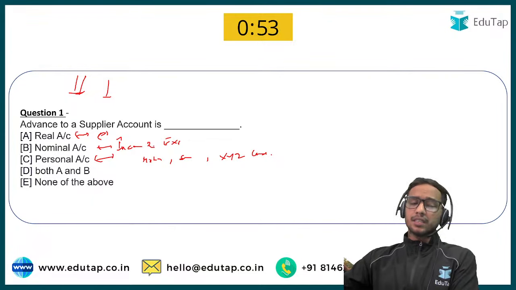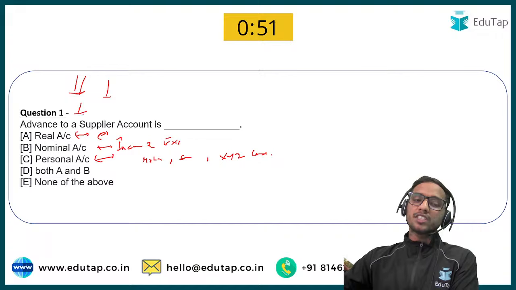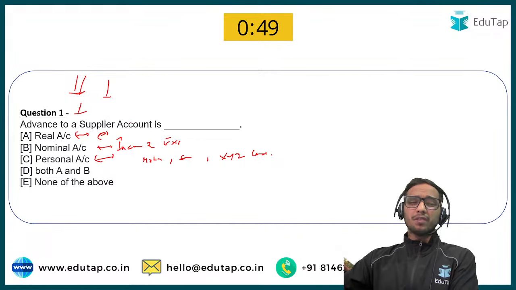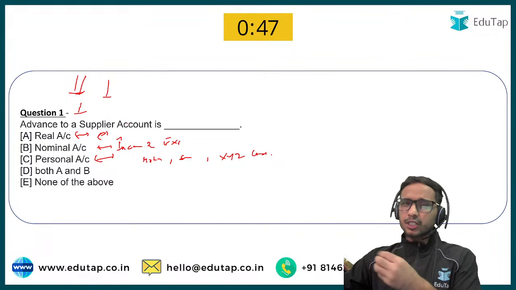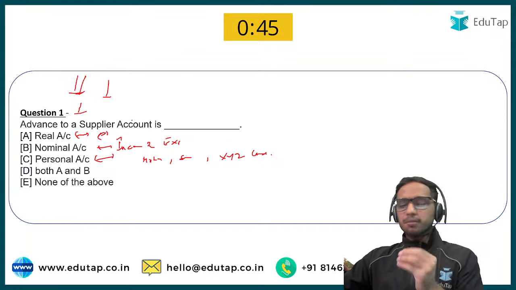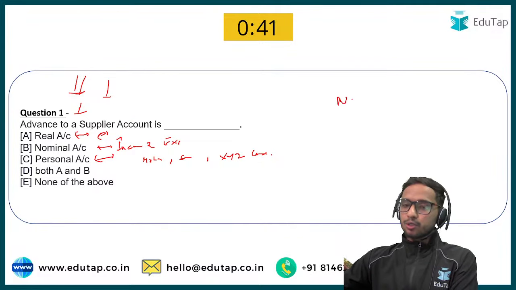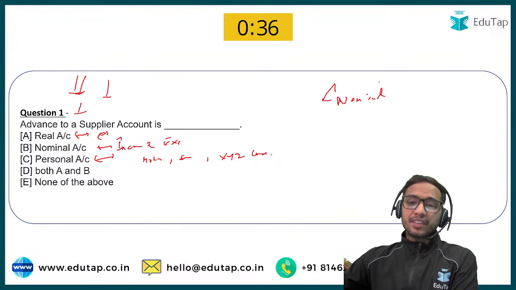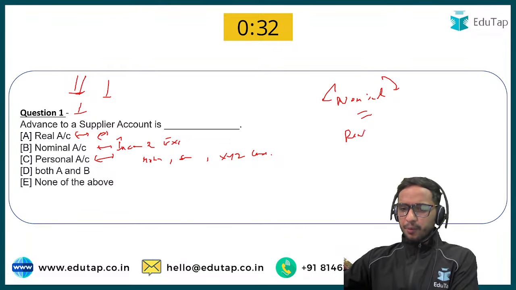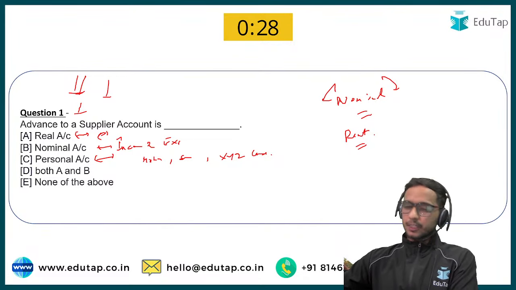So the question is asking about advance to a supplier account. Just remember this trick: whenever you have any expense or income, that is going to be included in the nominal account. But whenever you put any prefix or suffix in this nominal account, let me give you the example of rent account. Rent account is a nominal account because it's an expense.